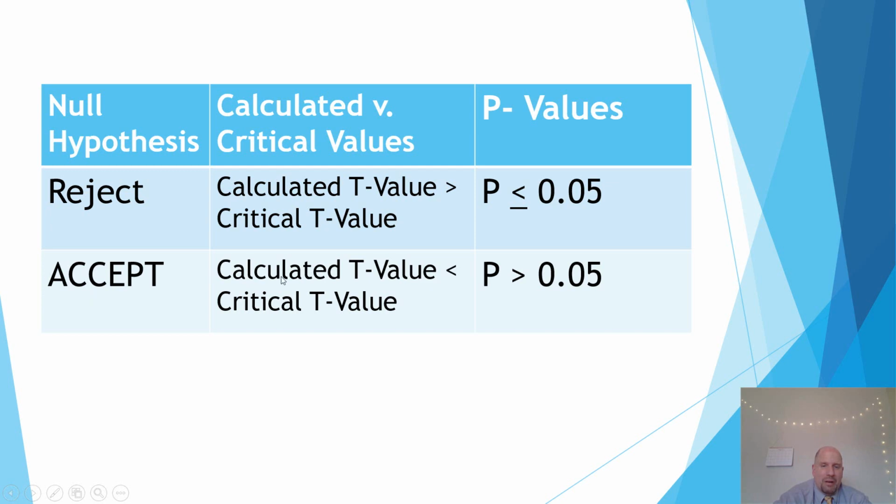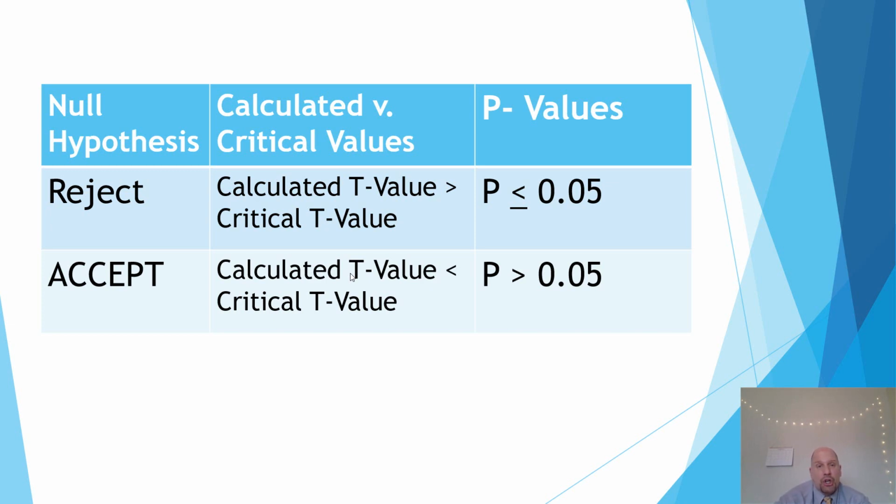Of course, you would accept the null hypothesis, but then also we're adding this column here. If the p-value is greater than 0.05, you're also going to accept. So really what we have here are just two ways to decide what to do with the null hypothesis based on whatever you're doing. Now, if you're doing things by hand, you're going to find a calculated value.